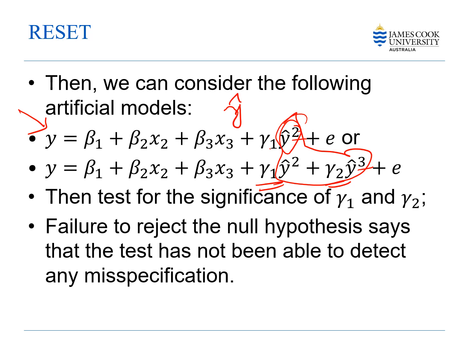Failure to reject the null hypothesis says that the test has not been able to detect any misspecification. So now the null is gamma 1 equal to 0, gamma 2 equal to 0. Failing to reject the null means that we cannot detect any sort of misspecification in our model.